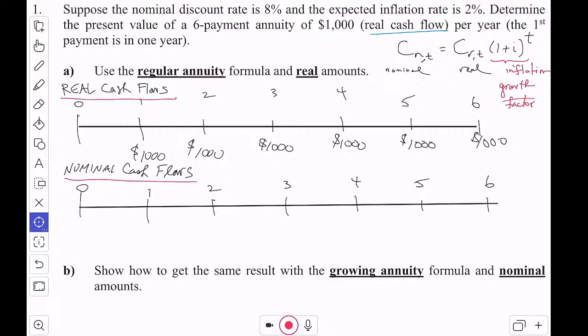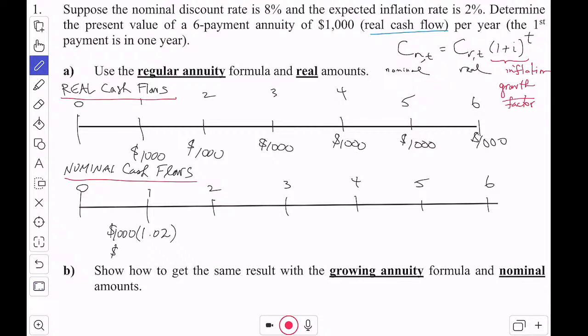For the first year then, let's adjust it to nominal cash flows. Let's figure in inflation. So this amount will be 1,000 times 1.02, and that's what it would be.